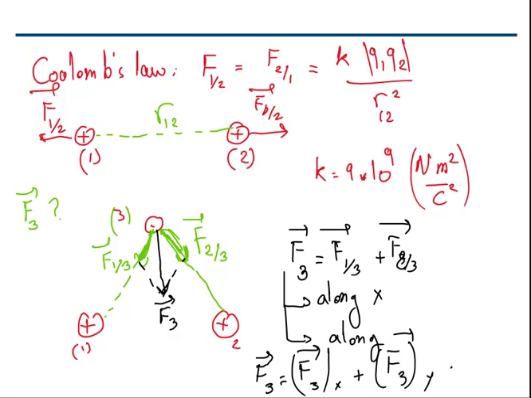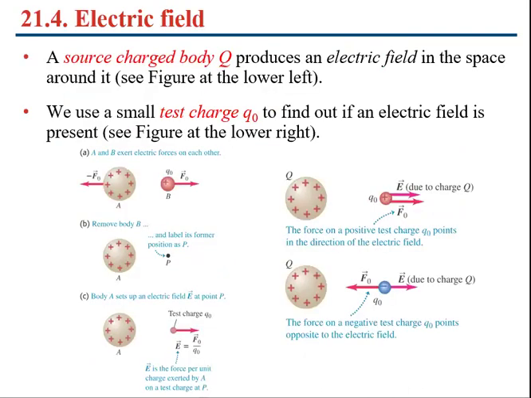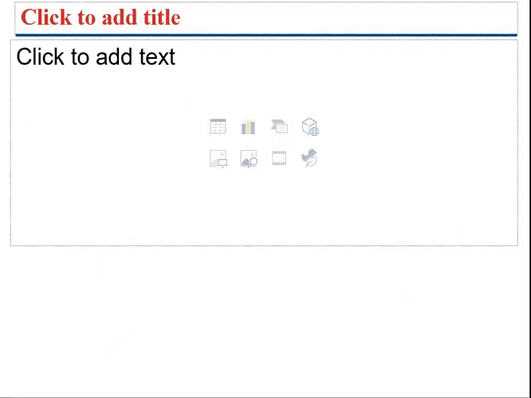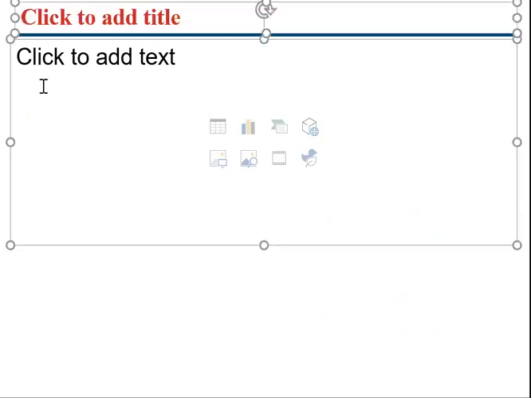Today we will start talking about the electric field. A source charged body Q produces an electric field in the space around it. So if we have a point charge, we have an electric field. We use a small test charge Q naught to find out if an electric field is present or not. Let me make a summary without going deep into the details.